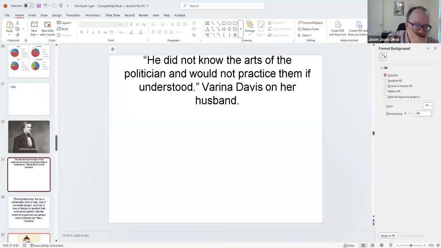He also did not have the touch that a common politician needs. Politics is as much about people handling as it is about the levers and pulleys that make government work. And he just didn't have that touch.